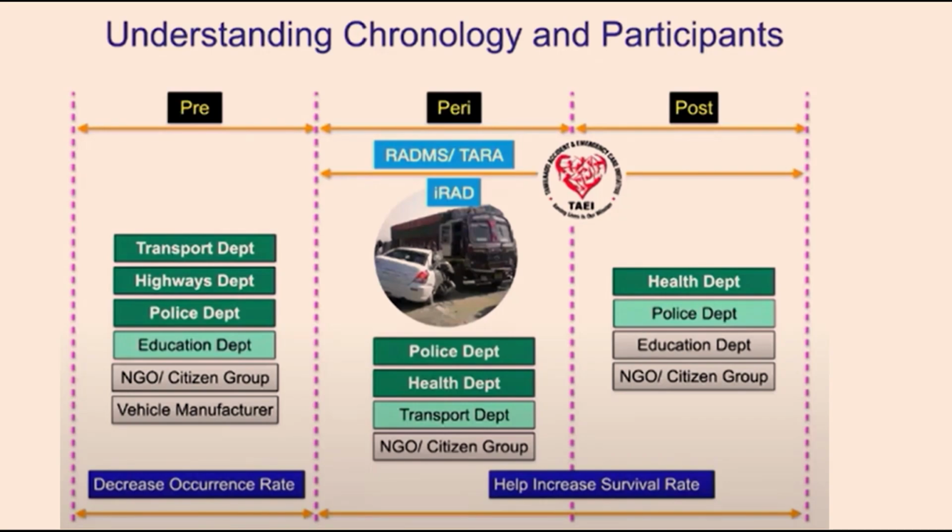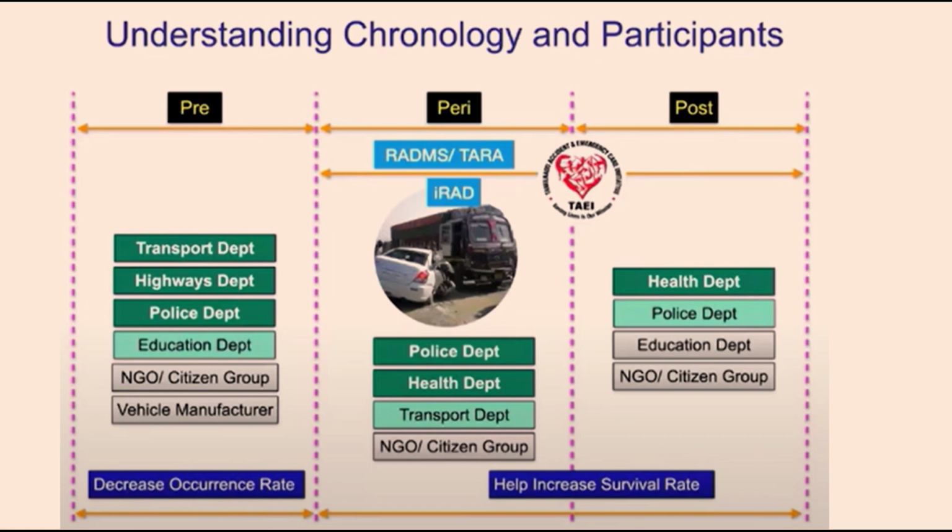different stakeholders' information: before the accident, who will be responsible, during the accident who might be responsible, after the accident who might be responsible. Before the accident, obviously the transport department and highway department roles are on top, because they are the facilitator or service provider.